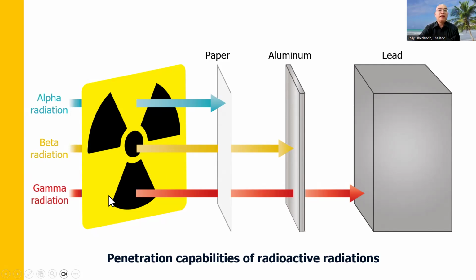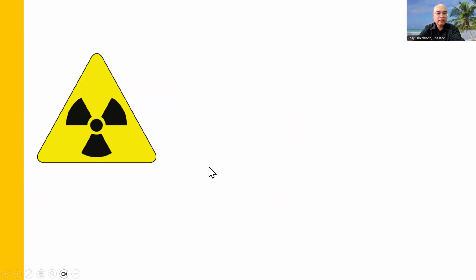The gamma radiation is the one which is more penetrating because it passes paper, aluminum, and even this part, lead. So these are the penetration capabilities of radioactive radiation. So be careful with this radiation, because in my previous topic, I think we talked about it, the gamma radiation is dangerous. It can cause cancer, all right?